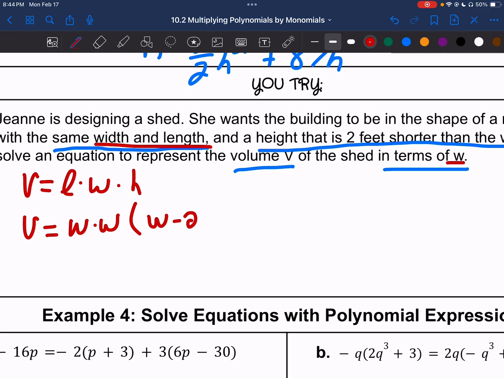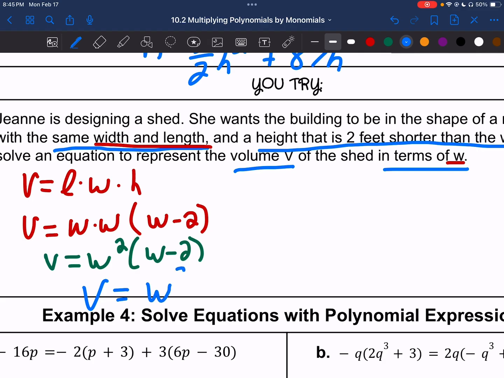So W minus 2. So we multiply on the outside first. We get W squared times W minus 2. And then when we distribute, our volume is going to be W cubed minus 2W squared.